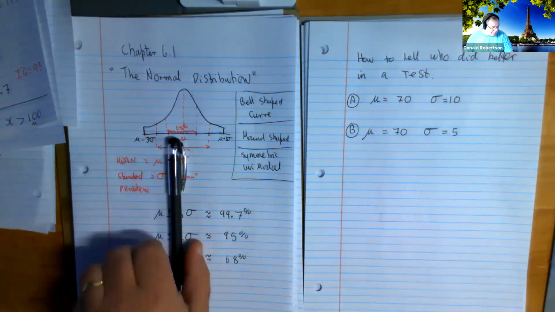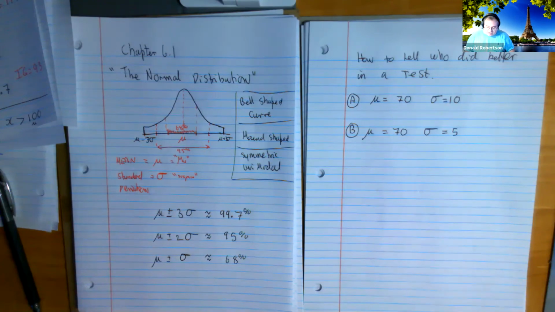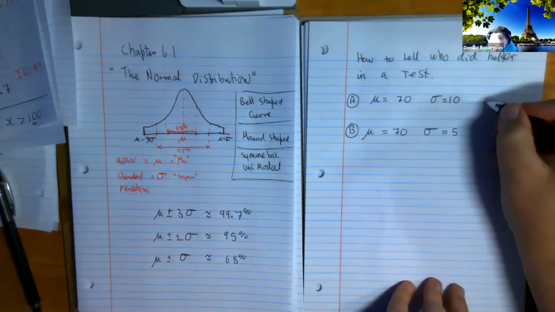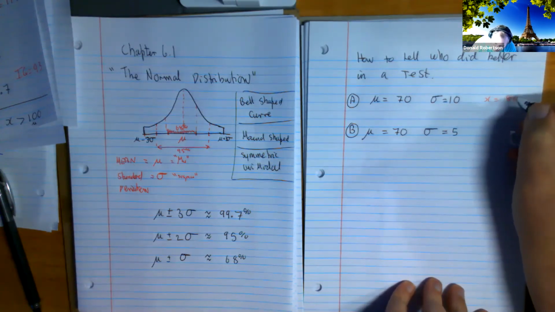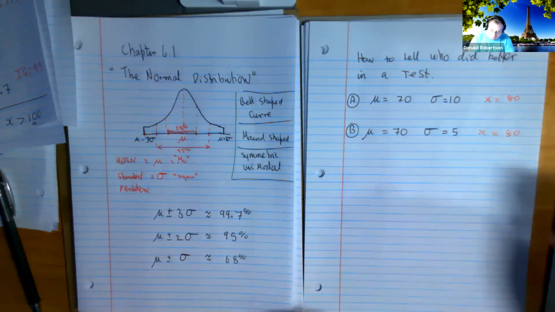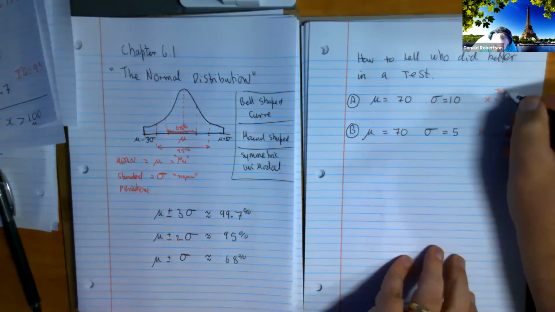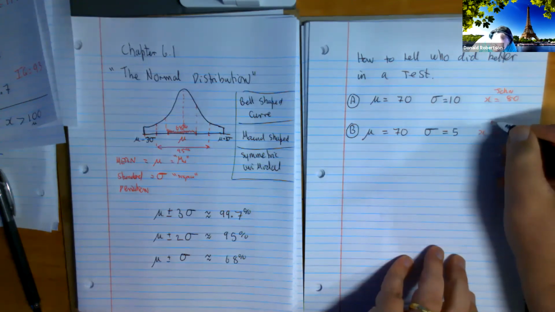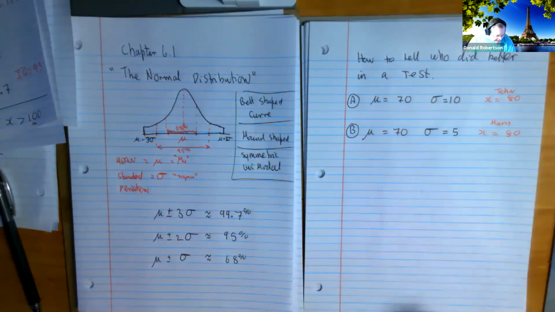And there were two people, one in each class, but they both got a score of 80. In my last class, I called them John and Mary. And they were having an argument about who did a harder job.